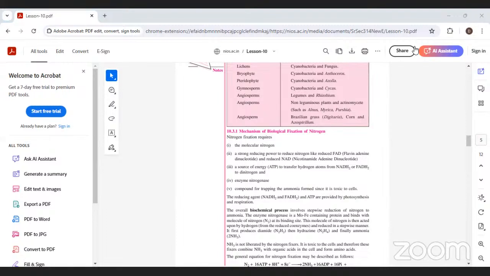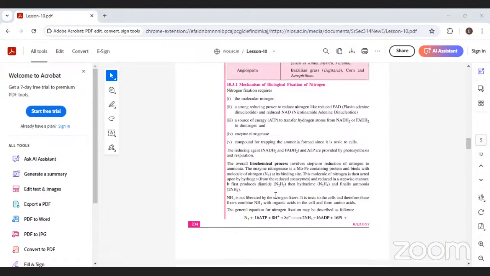Fifth, a compound for trapping the ammonia formed, since it is toxic to the cell. Coming to the overall process, the reducing agents NADH2 and FADH2 and ATP are all provided by photosynthesis and respiration.